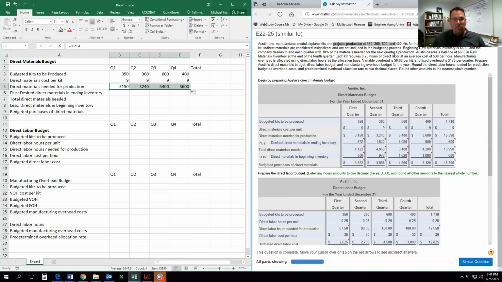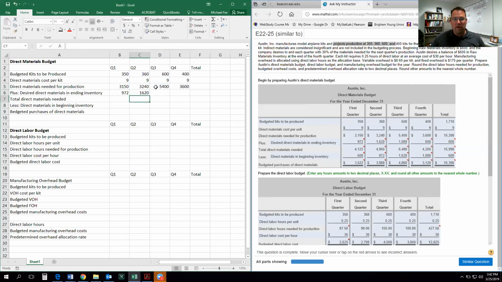So in essence, what we have to do to figure that out is this cell is going to equal the next quarter's production times 30%, or 0.3. And that's where that 972 comes from. For quarter two, we take quarter three's production times 0.3.